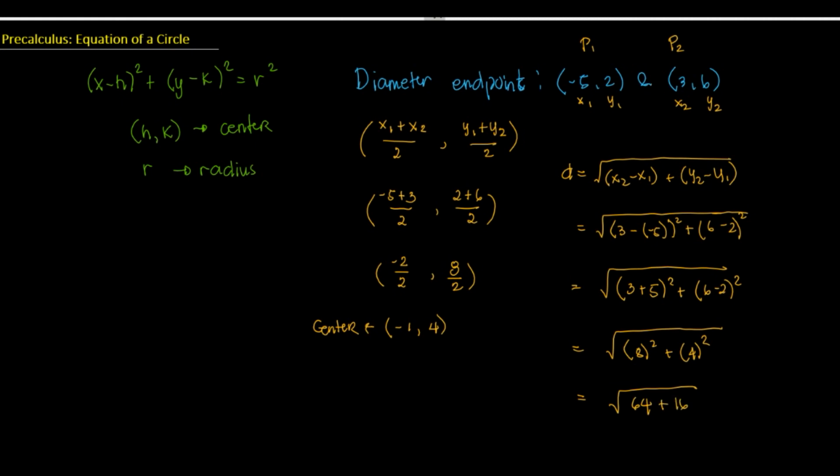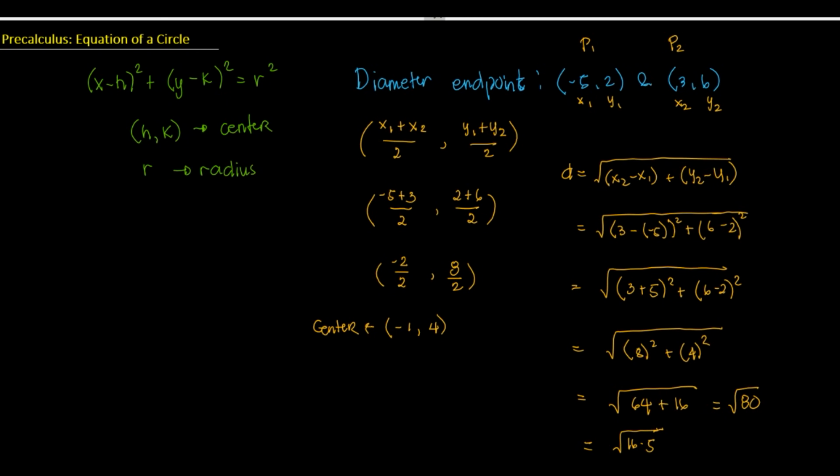So what is 64 plus 16, guys? That is 80. Square root of 80. And what is square root of 80? 4 square root of 5. How? This is going to be like 16 times 5 because factors of 80 are 16 and 5.